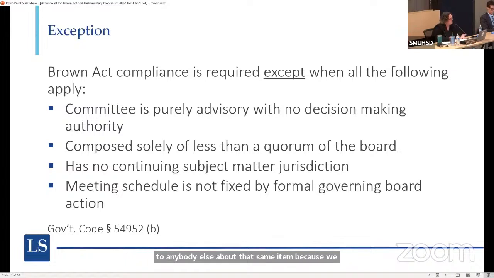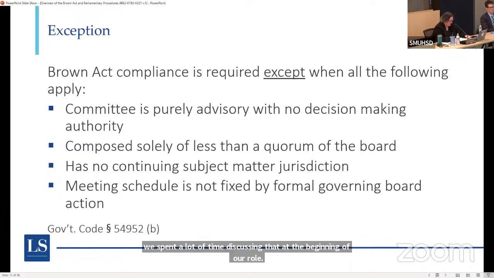We're making a recommendation to the board, what 2 school sites that we feel are best suited for, not for sale or lease, what is it? Surplus, to deem them as surplus. So that's a heavy decision. And so we spent a lot of time discussing that at the beginning of our role.